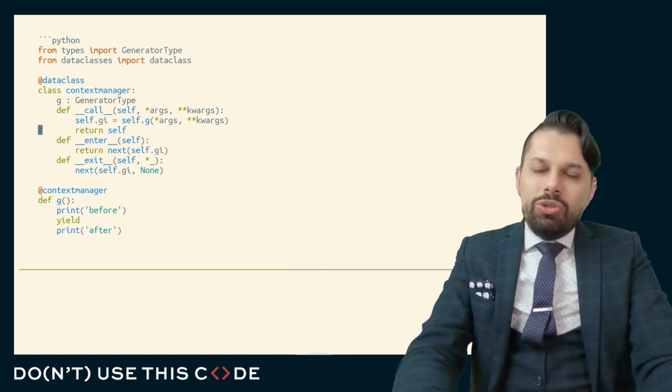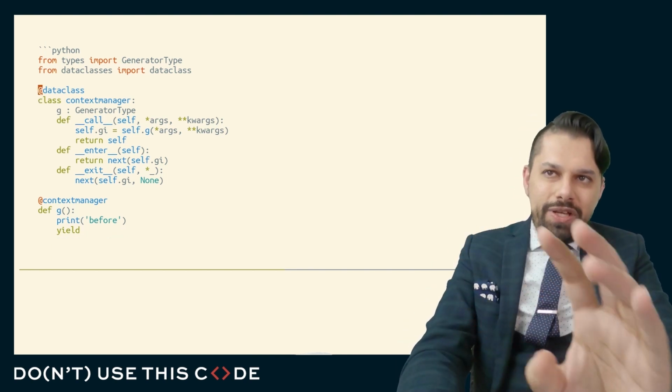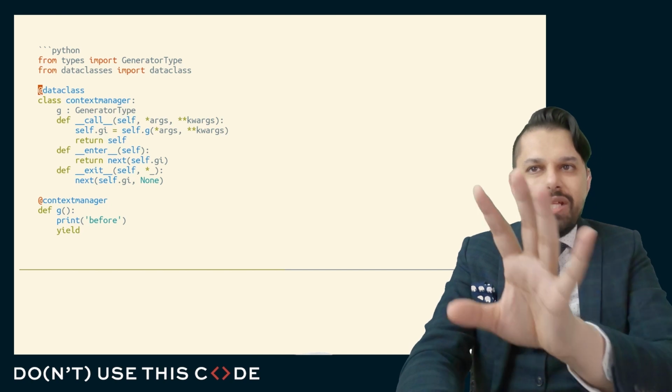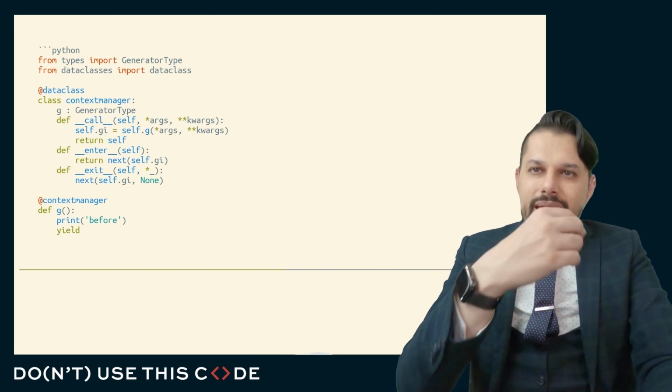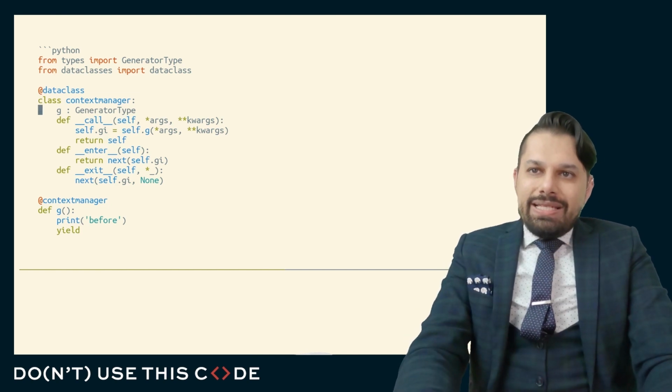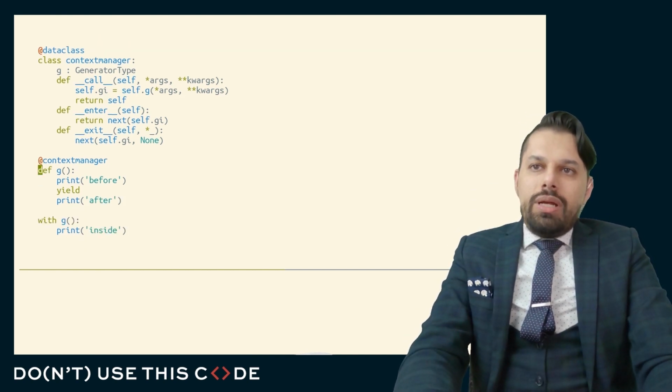And because I'm too lazy to do this with all of the class mechanics, I'll use data class to remove the need to write a repr, to remove the need to write an init, to remove the need to write an EQ. I'll take this class and I'll apply it to this generator as a decorator.